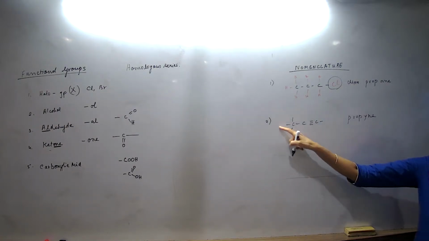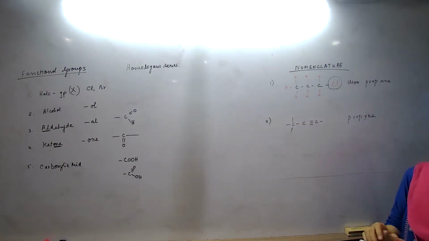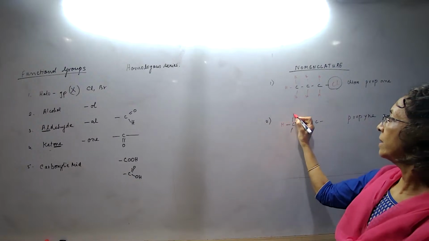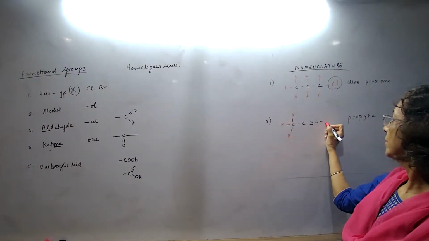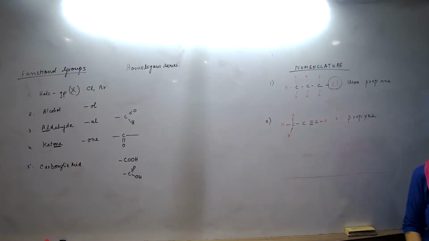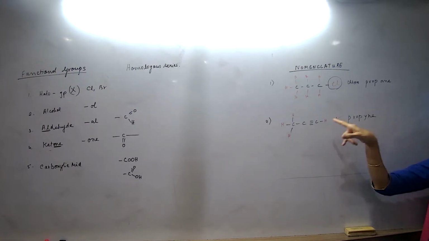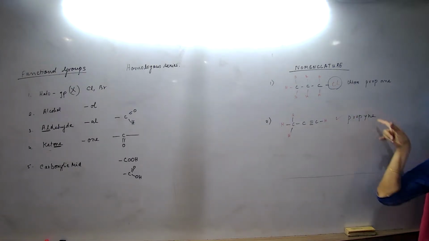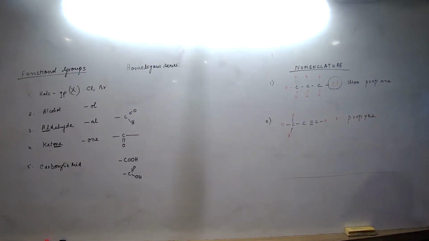What will come at the end of all these hydrogens? So this becomes your propyne. Okay. Take it down. These types of questions will be asked in your exams. They will give you propyne. You have to draw the structure. Maybe the structure is given. You have to label it. Okay. Third one.